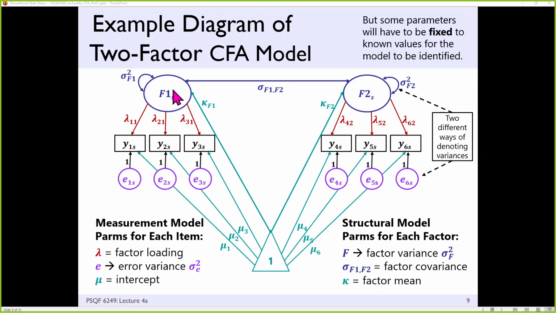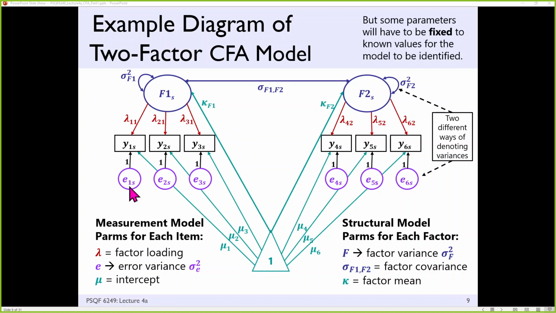Yeah, slopes are always the change in y for a 1 unit change in x. So the change in y, the item response, would be 2 if the factor score increased by 1 unit. And we don't know what units are yet. That's still coming. But let me assure you there will be units. We will make that happen, like magic.